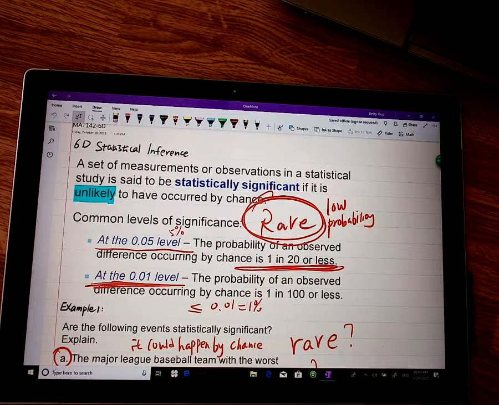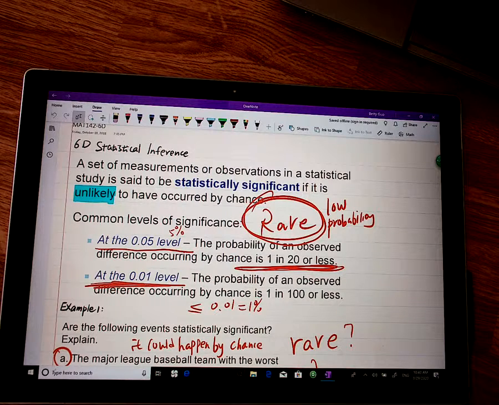But if you don't understand that, an easier way to understand: statistically significant means the thing occurs with a very low possibility. We say something statistically significant means the thing is rare, not happen often. Okay? Now here is the thing.